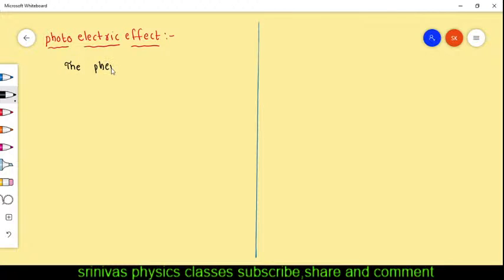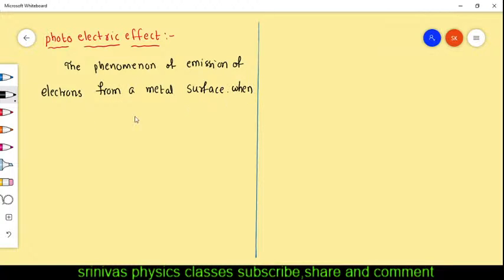The phenomenon of emission of electrons from a metal surface, when it is illuminated by light of suitable frequency.